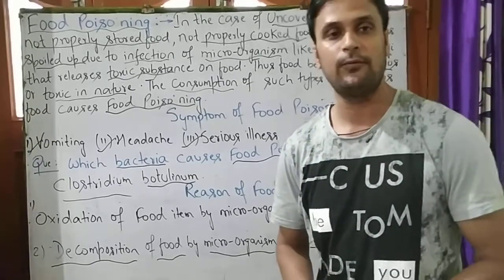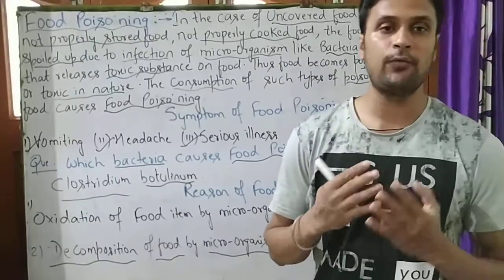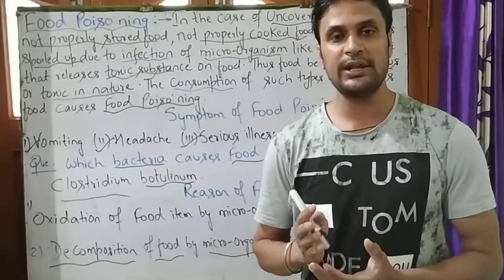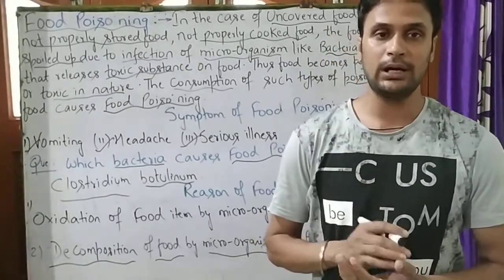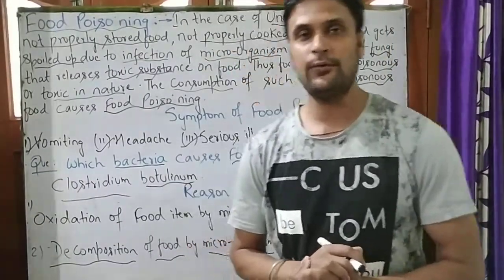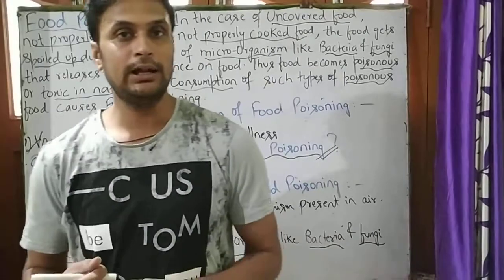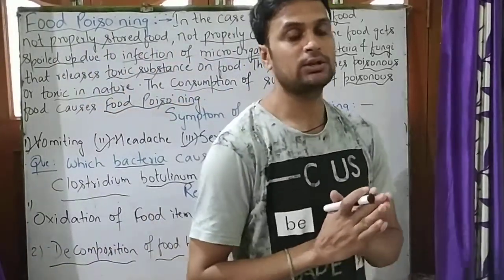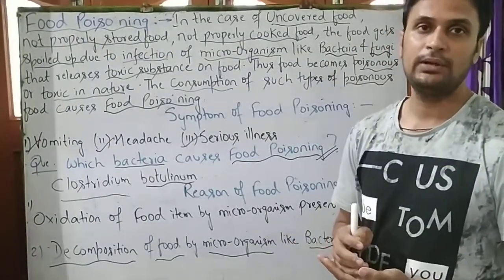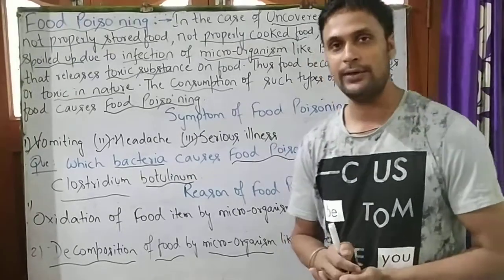What happens when food items are oxidized by microorganisms present in the air? After oxidation, the food turns sour or bad in taste, and the color of the food changes. The food gets spoiled, and consumption of such food causes food poisoning.